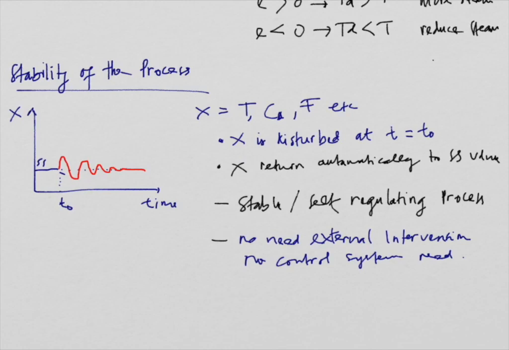So the stable or self-regulating process also needs a controller. What for? To reduce the period of time to return to the steady state value, to make the process faster to reach the steady state value like this.